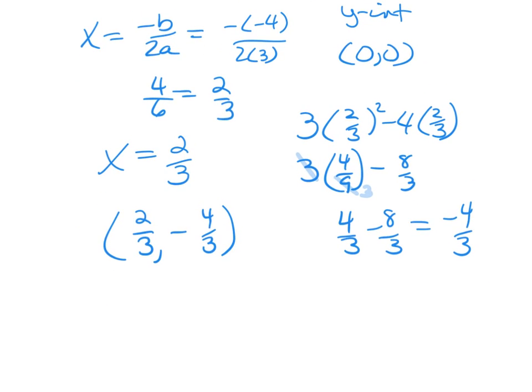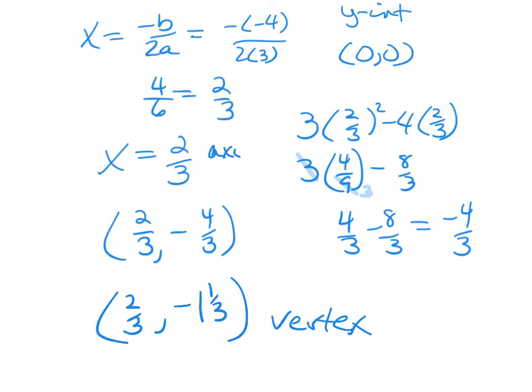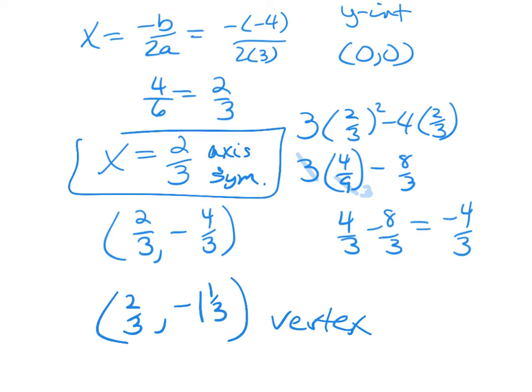Because I'm graphing this, let me just change this to 1 1/3. This is the vertex. This is the axis of symmetry. Again, it's an equation. Don't forget it's x equals. So let's go ahead and graph this.